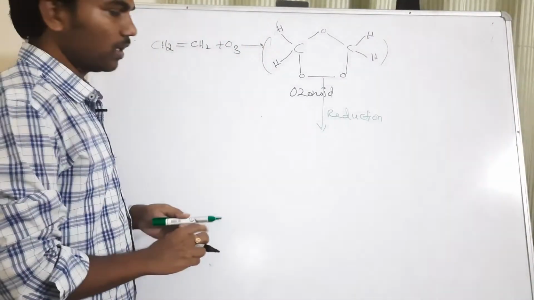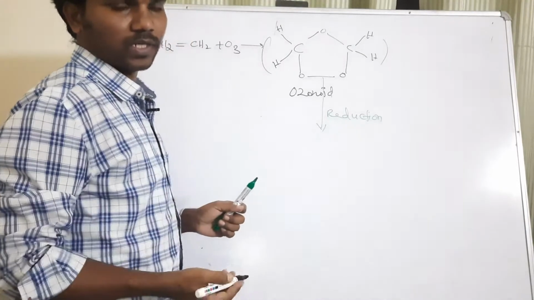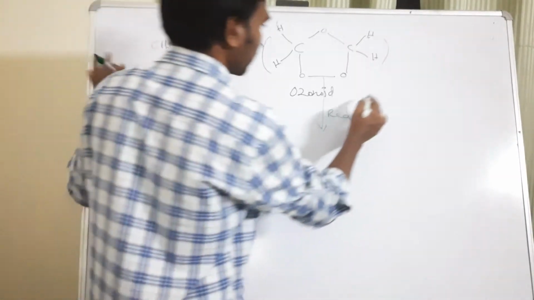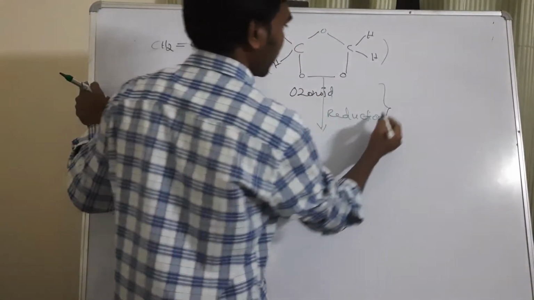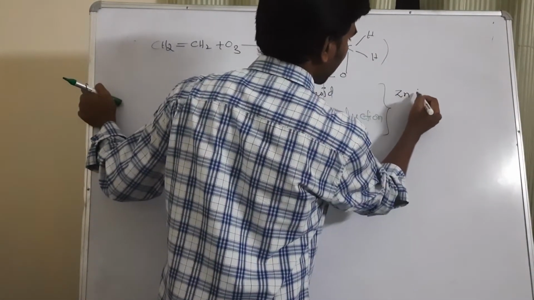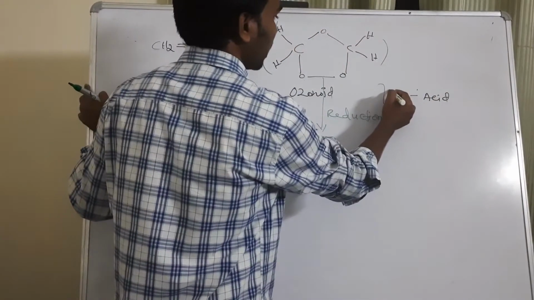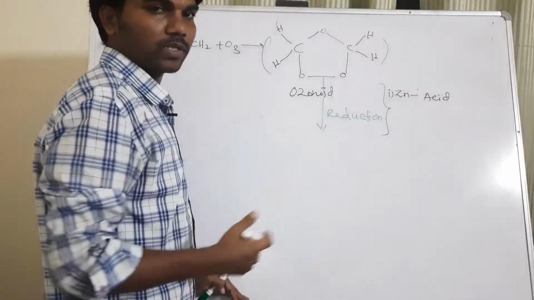Ozonoid undergoes reduction. There are different types of reducing agents, and we have to use only those reducing agents. The first reducing agent is zinc and any acid you can take, zinc and HCl, zinc and CH3COOH, whatever you want.